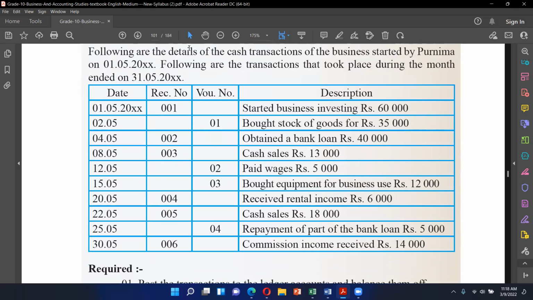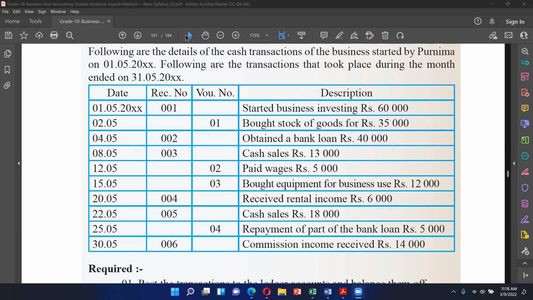Okay, right. I'll ask questions one by one. Tarini, what's the answer for the first one, double entry? First May. Tarini, are you there?